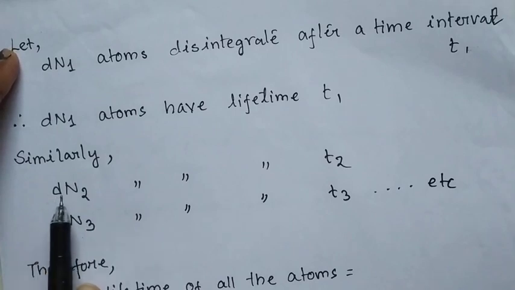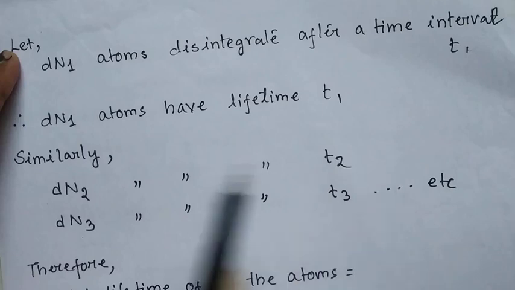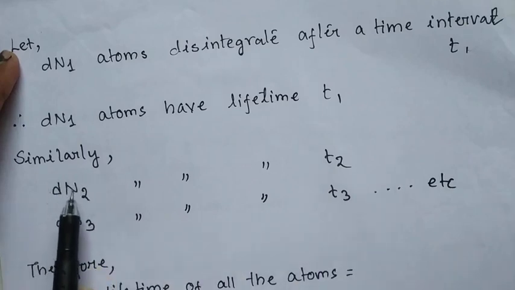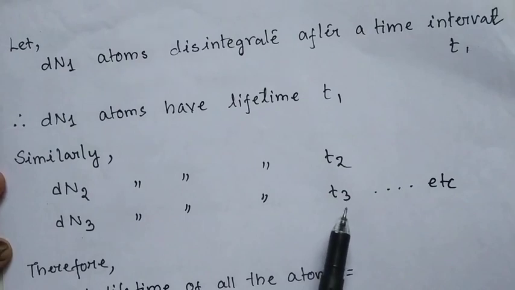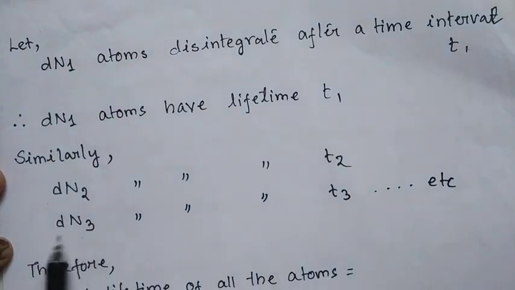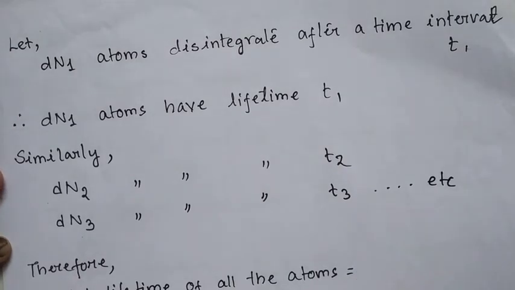Similarly, each of dN2 atoms has a lifetime of t2, so the total for dN2 atoms is t2 into dN2. Similarly, each of dN3 atoms has a lifetime of t3, so all dN3 atoms have a total lifetime of t3 into dN3.